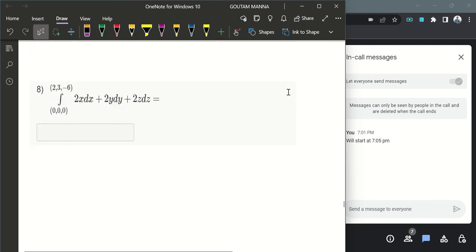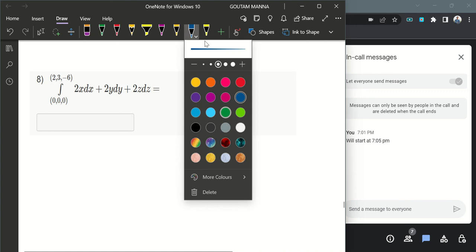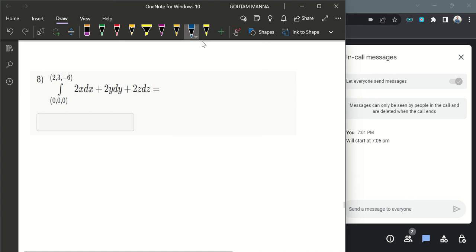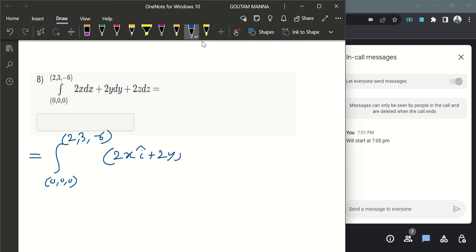So it's a different kind of problem. Here we can write this integration as from 0 0 0 to 2 3 minus 6 of 2x i hat plus 2y j hat plus 2z k hat dot dx i hat plus dy j hat plus dz k hat.